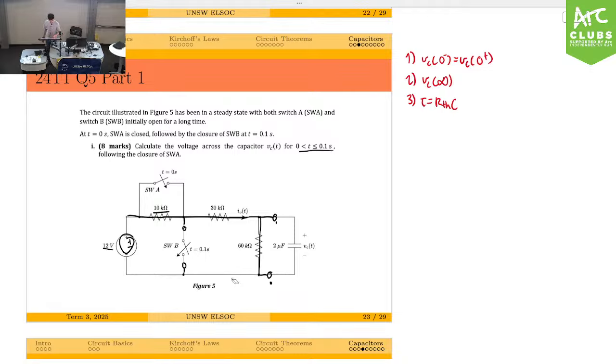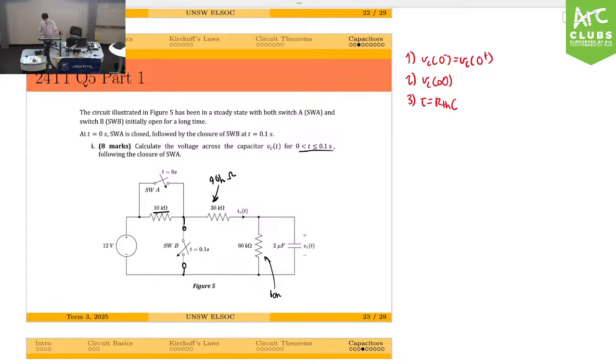Let me get rid of some of these ugly annotations. If we combine these in series, we've got 40 kilo ohms over here, but we actually want the voltage across the 60 kilo ohms.